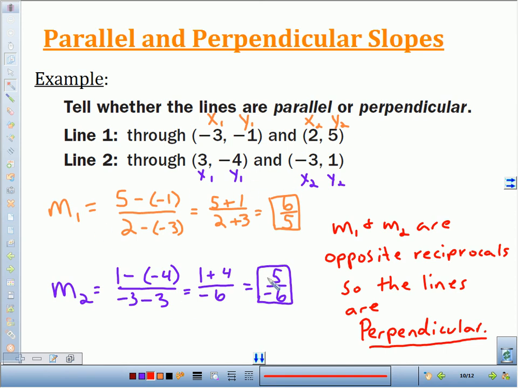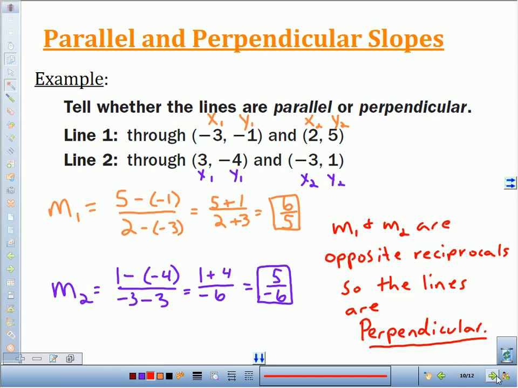I worked out both of my slopes. And what I saw was that the slope M1 in this example is 6 over 5. The slope of M2 is 5 over negative 6. That means that these two slopes are opposite reciprocals. Since they're opposite reciprocals, they're perpendicular.